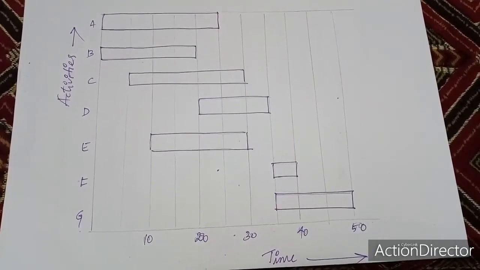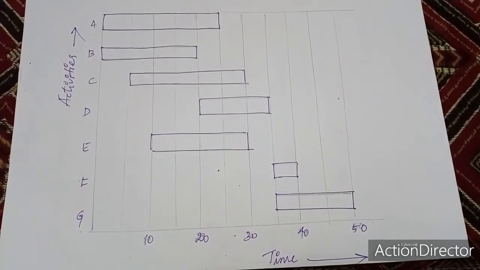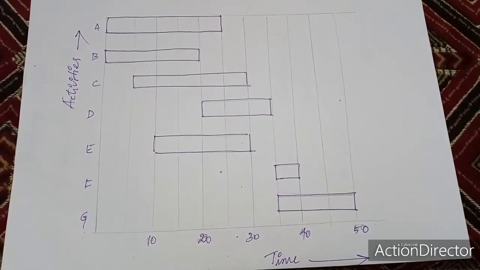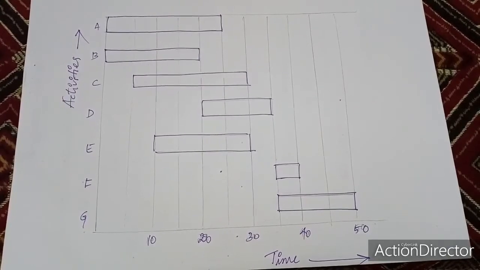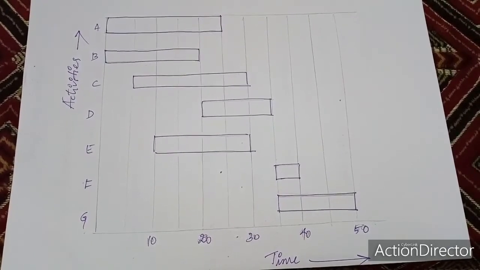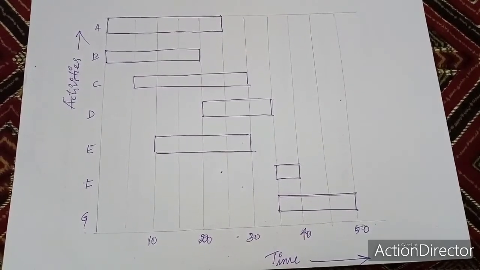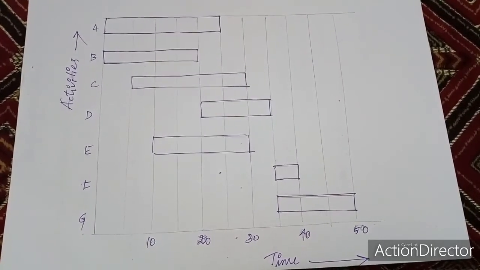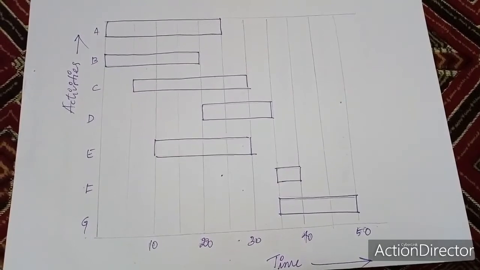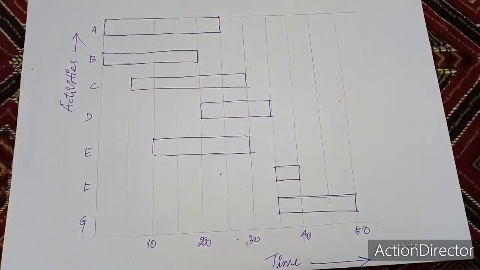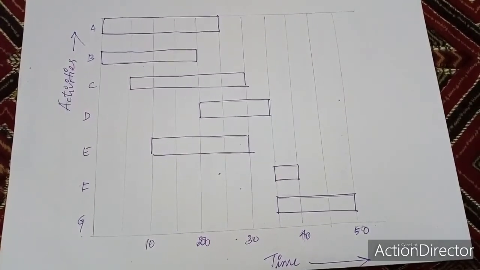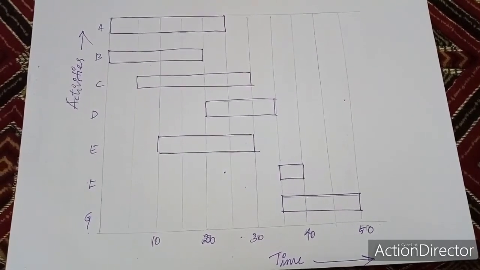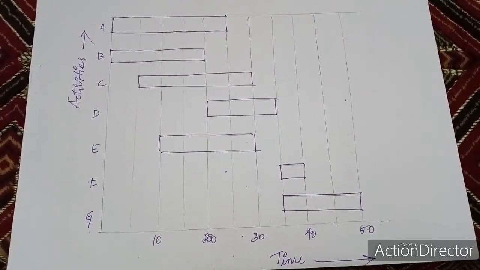So in the bar chart, you can see activities A and B are at the same time, right? Starting at the same time and proceeding concurrently, or parallel in nature. But the time intervals are different, right? So for B the time of completion is 20, while in case of A, the time of completion is 25. So it is 5 days after. So that is what the bar chart means.